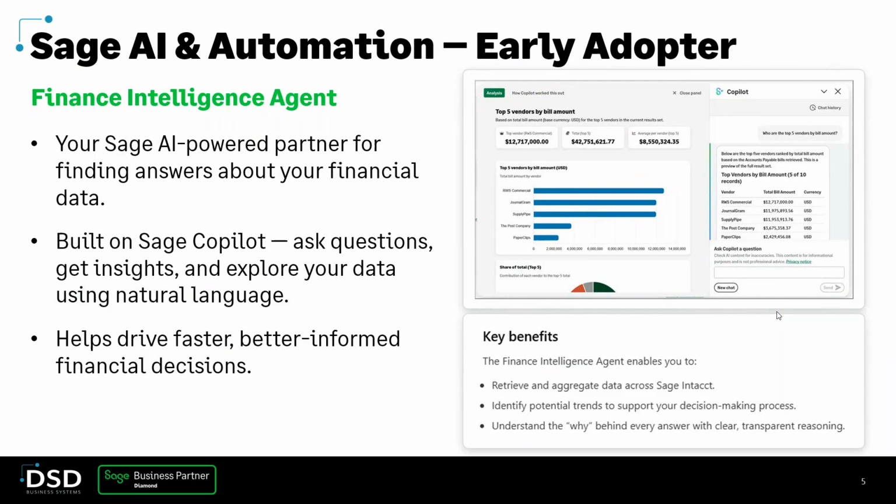So you can use real language to ask it questions, and it's going to start analyzing your data and provide you with those reports and graphics to really kind of give you that intelligence, that data that you're looking for without having to go and create or run a bunch of different reports.